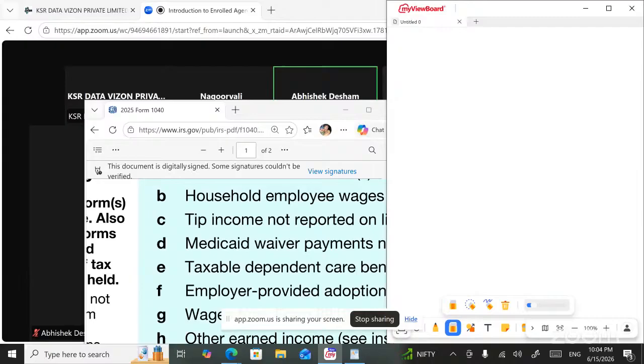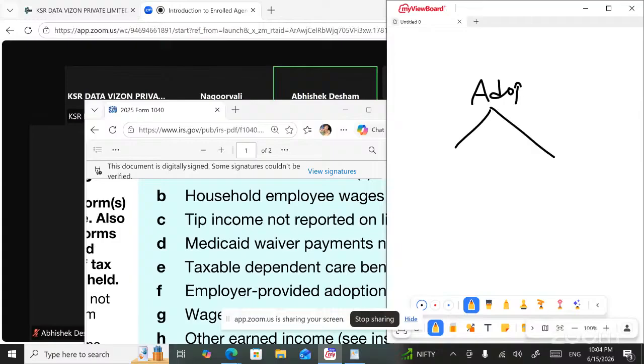Now coming to the next point, adoption benefit. This adoption benefit is divided into two types. Mr. X is an employee working in, for example, Reliance India Limited, the employer.